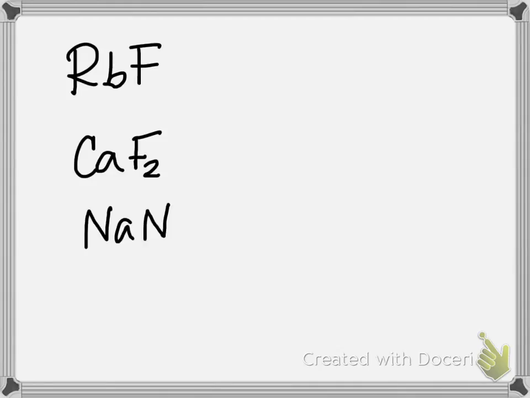Okay, so we have RbF, CaF2, and Na3N. The first thing to do, and this is the skill that you should build here because it will serve you well down the road, is get used to visually breaking this up into the cation and the anion.